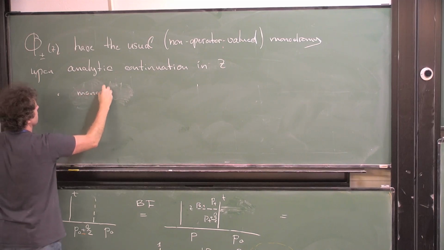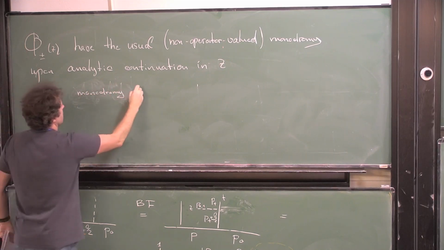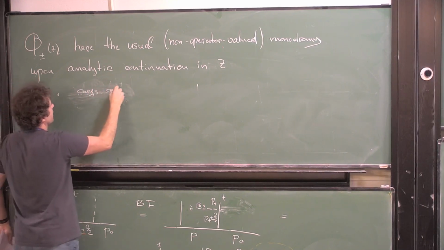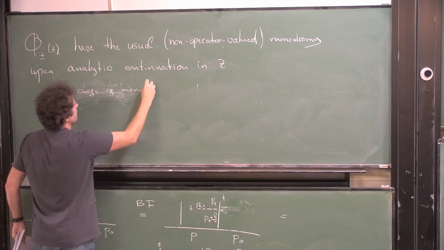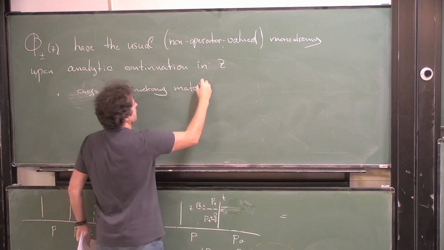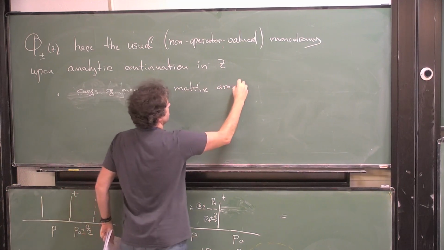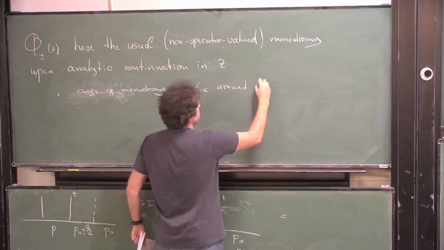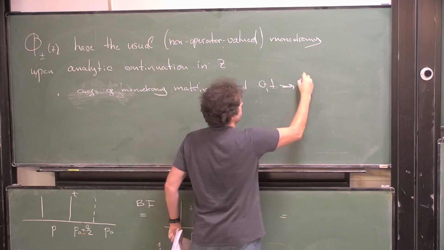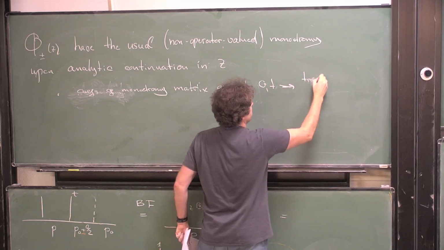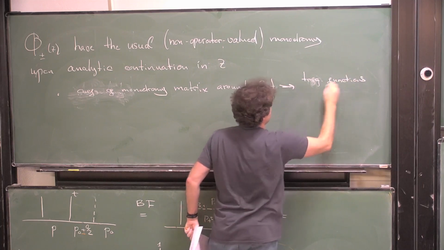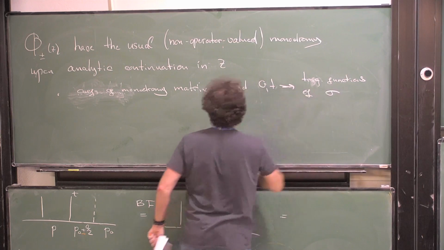the coefficients of the monodromy matrix around 0 and t will be trigonometric functions of sigma.